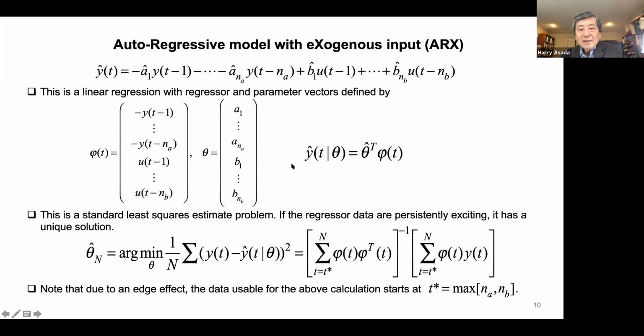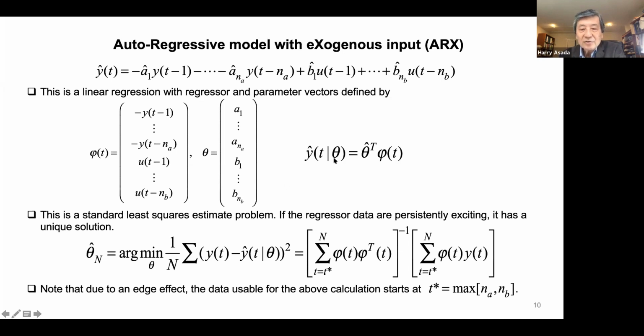Okay, so theta is basically factored out, and it's linear. So what you need to do is evaluate this, and you want to minimize this given the identification data, YT, UT, the real measurement YT and the input you used, the input-output data.